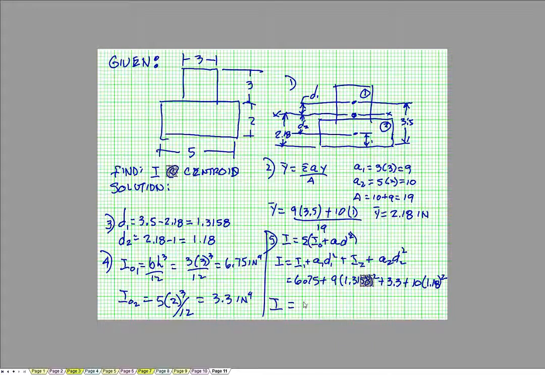Moment of inertia equals 39.68 inches to the 4th.